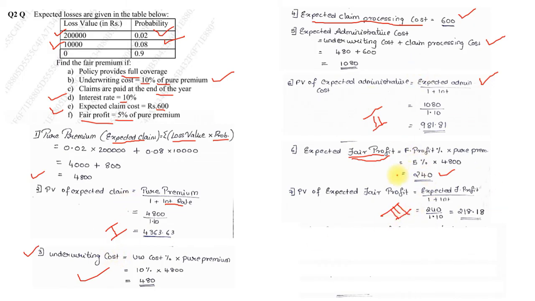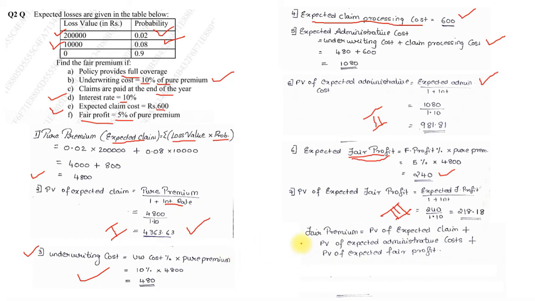Once we get all these three values, we apply into the final formula. Fair premium is equal to PV of expected claim, that is number 1, plus PV of expected administrative cost, which is Roman number 2, plus PV of expected fair profit, which is our Roman number 3. Once we add up, we will get a final value that will be nothing but the fair premium.